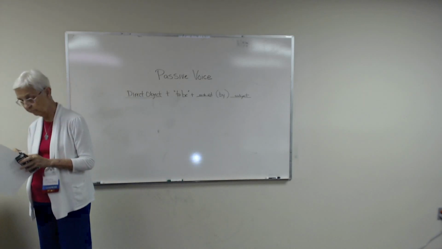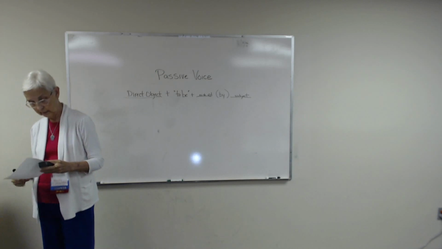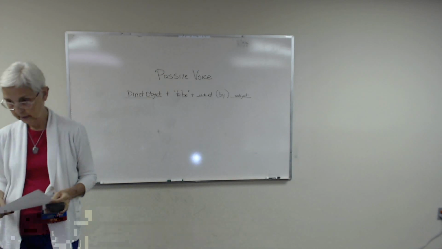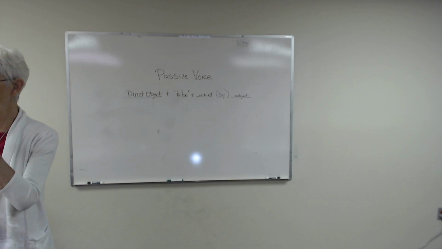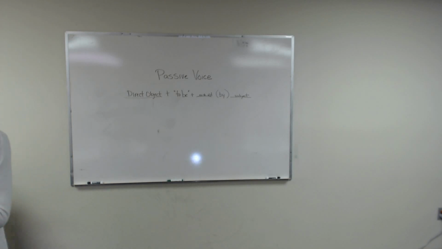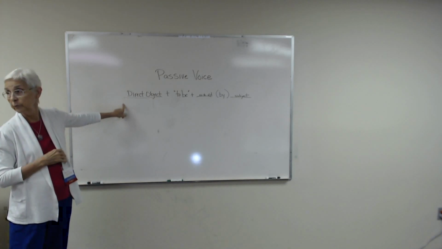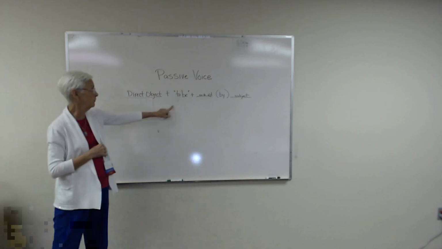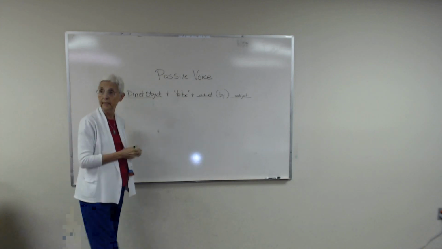Language has two voices. English uses both an active voice, which is subject, verb, object, or a passive voice, which starts with the object being the first word, followed by some form of to be. What are the forms of to be?